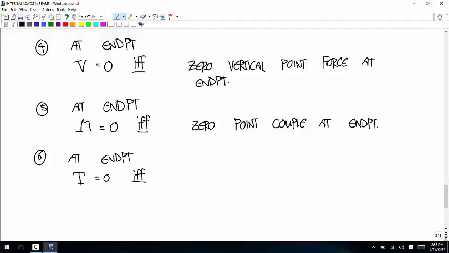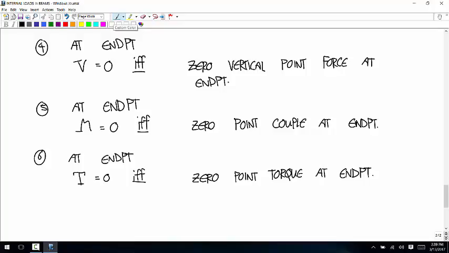What do you think this one says? That's right. There's 0 point torque at that endpoint. For number 5 and 6, it's a little unnecessary for me to say point couples and point torques because we're not talking about distributed torques and distributed couples, although it is possible that you could have those, I suppose.